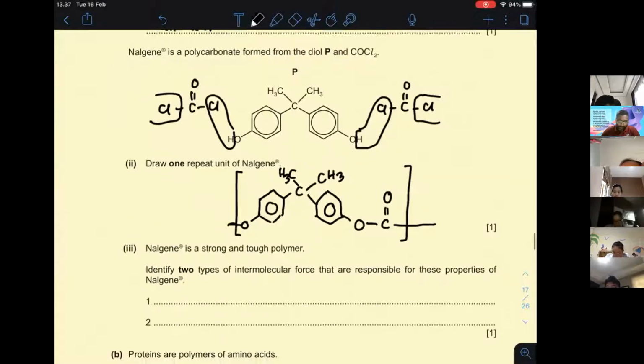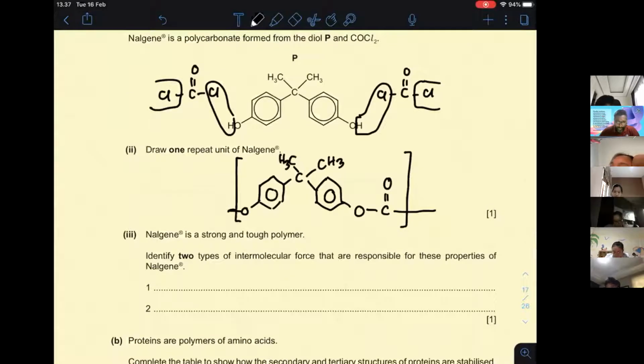Now, Nalgene is a strong and tough polymer. Identify 2 types of intermolecular forces that are responsible for these properties of Nalgene. So for intermolecular forces, we have hydrogen bonding, van der Waals forces of attraction, and permanent dipole-dipole forces. There are 3.